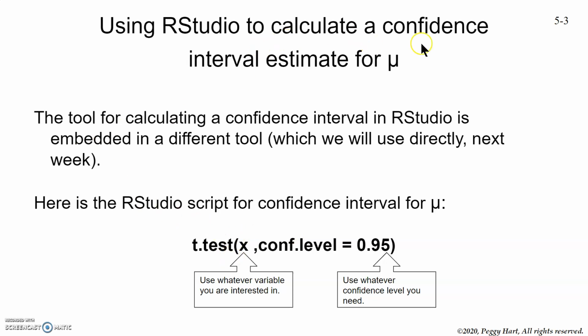If you're going to calculate a confidence interval estimate for a population mean, you're going to use this RStudio script: t.test, the variable name, conf.level equals 0.95 or whatever confidence level you need. Really easy script. You can have that right on that sheet, and then whenever you need it, it'll be there. We'll be using this kind of thing a lot.